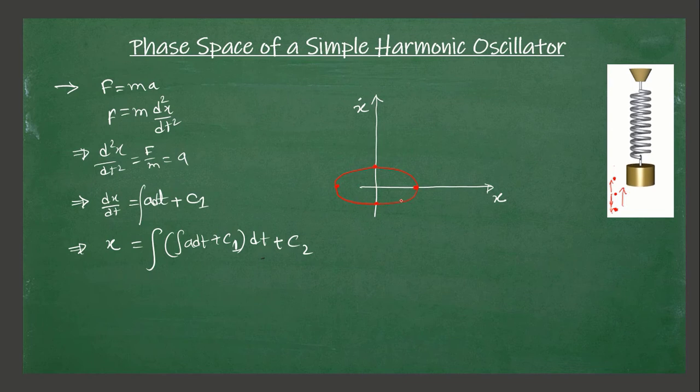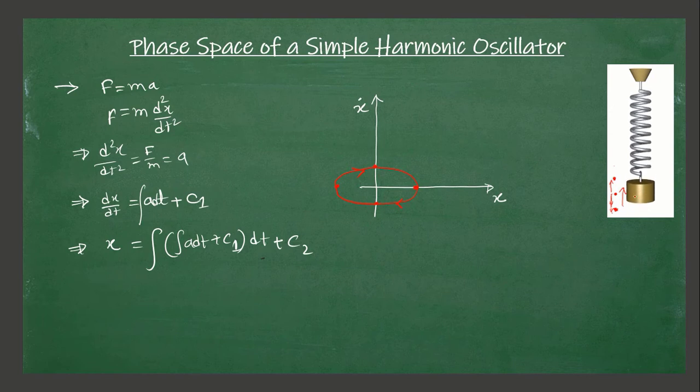So as you can see, its direction should be this way, right? So the trajectory in the phase space should be in this direction for this simple harmonic oscillator.